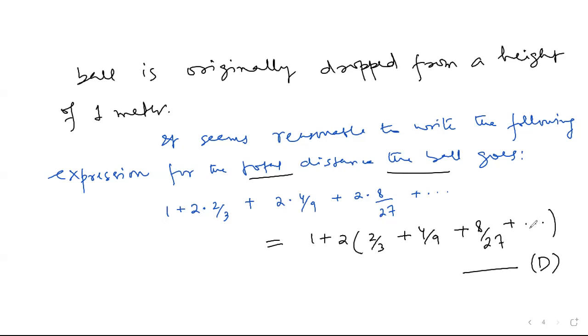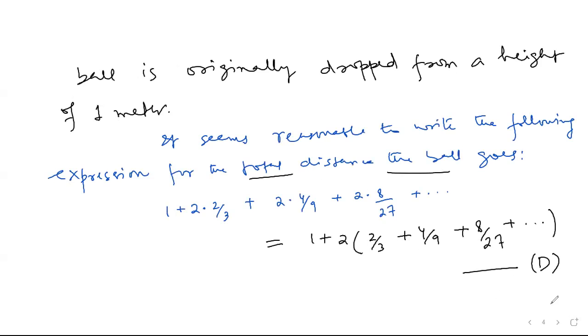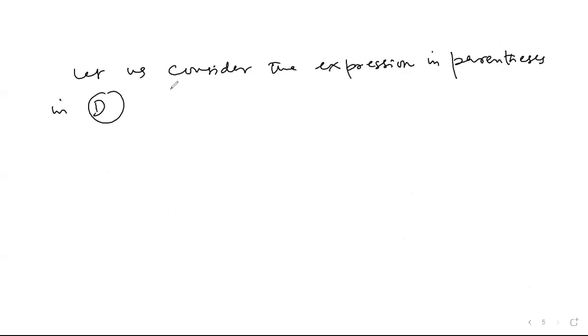Now, let us consider the expression in the parenthesis in equation D. That is, the expression we wrote for the total distance the ball goes, namely 2 by 3 plus 4 by 9 plus 8 by 27 plus so on.